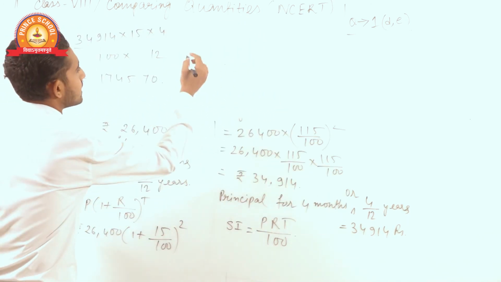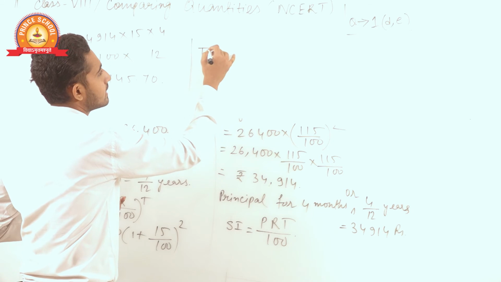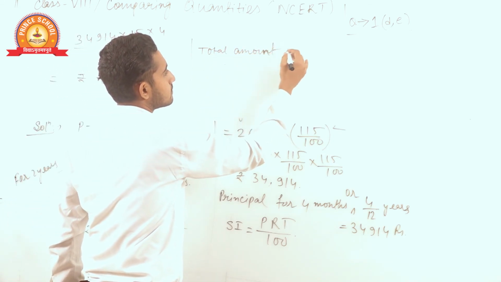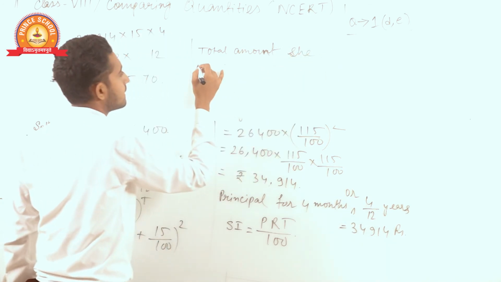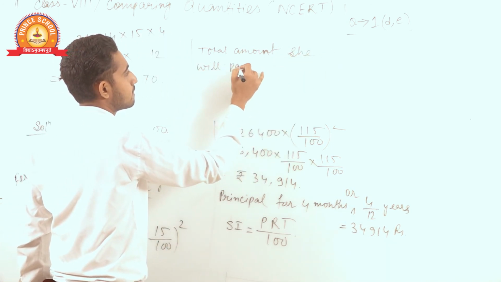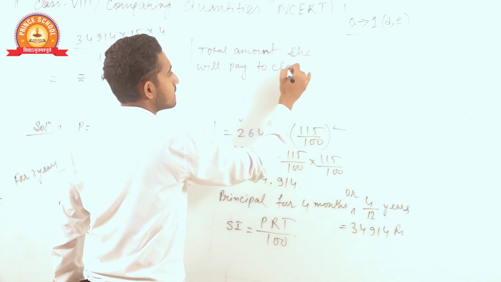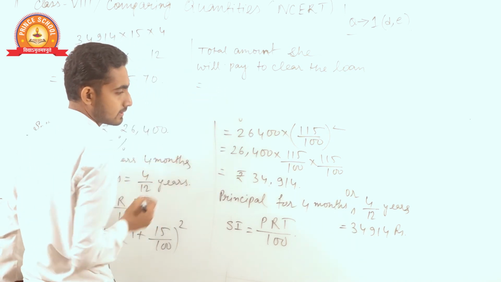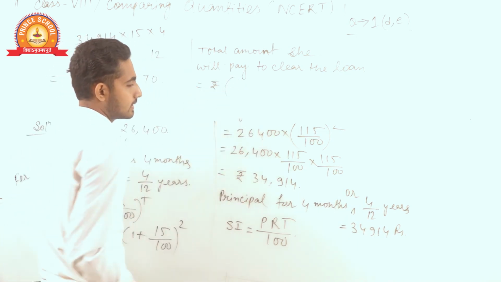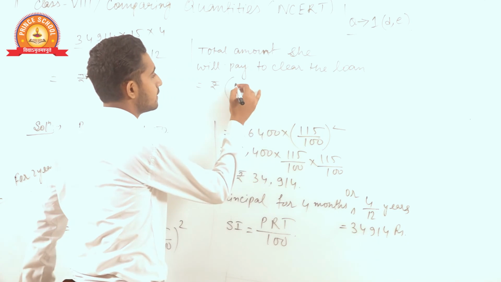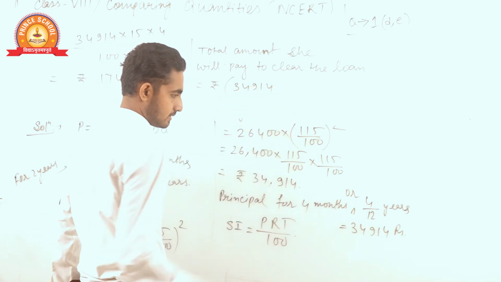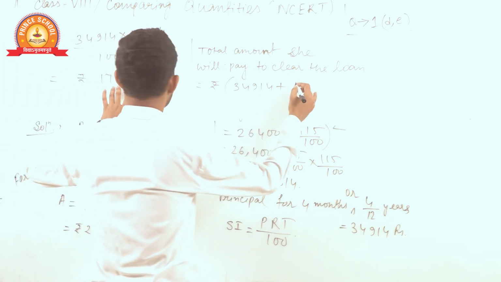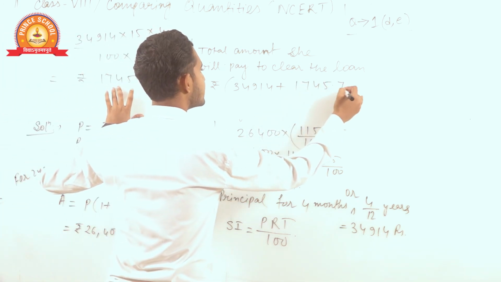So we have to write down here: total amount she will pay to clear the loan is rupees, see, after 2 years this was 34,914 plus for the 4 months this rupees 1745.70.